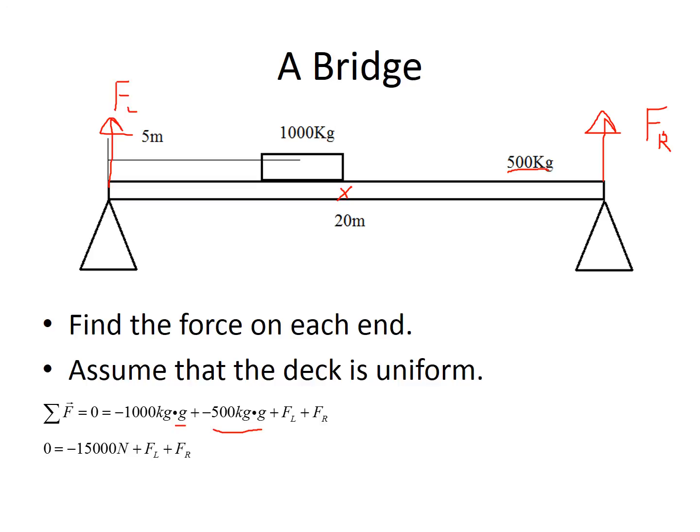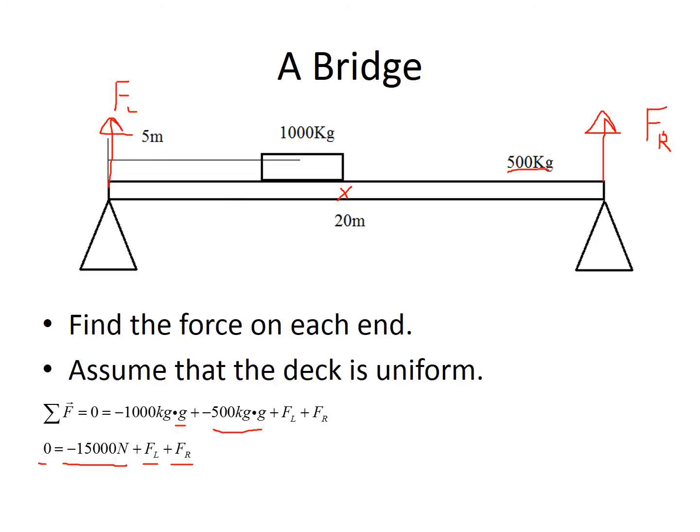Therefore our force equilibrium condition is that negative 15,000, the weight pointing downwards, has to be equal to the sum of the force on the left-hand end of the bridge plus the force on the right-hand end of the bridge.